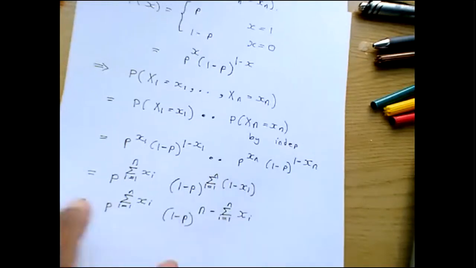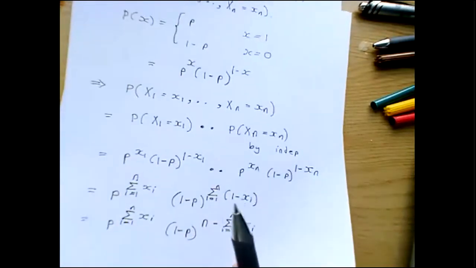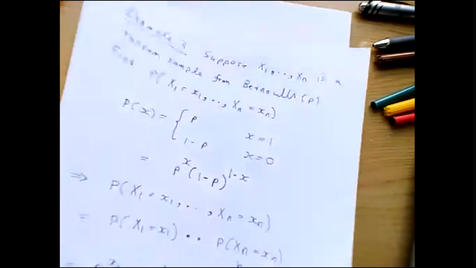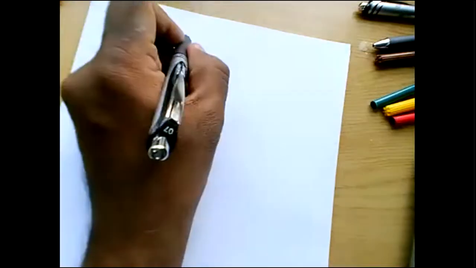Okay, so this is example 3. Now, next example I like to do is the following. I hope I have time. Let me check my time. We have enough time. So the next example is example 4.